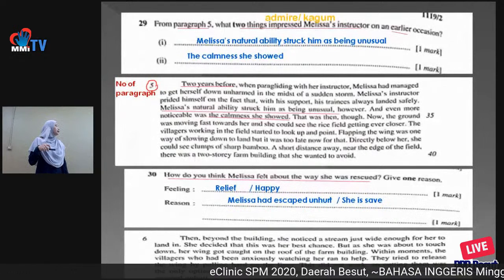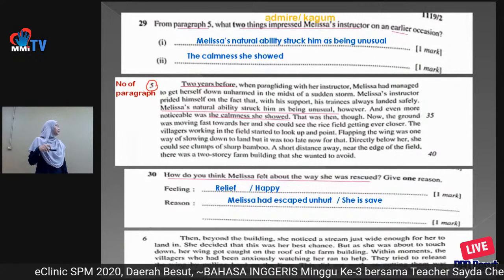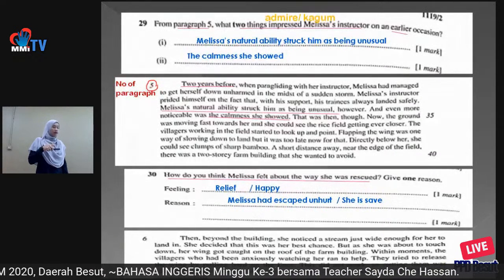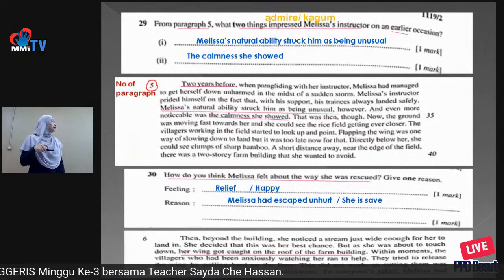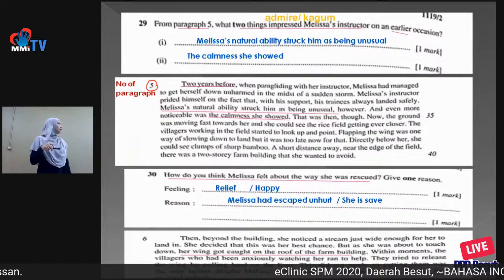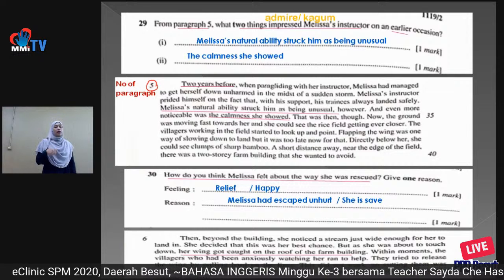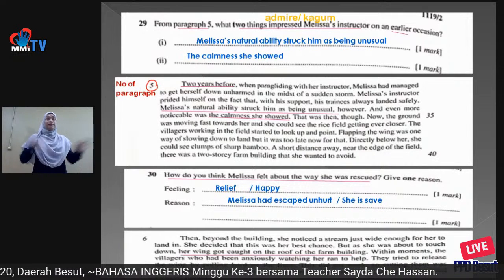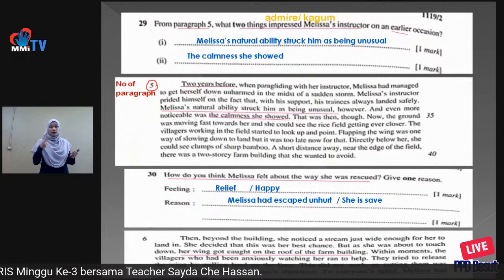So bila the villagers ni cuba untuk pull, nak tarik dia, this did not work, so they cut them. Her wing got caught, and then to release Melissa, dia potong. Villagers ni potong tali tu. Was the only option despite Melissa's objection. If you understand the word Melissa's objection ni maksudnya Melissa tak bagilah the villagers to cut her wings tu.